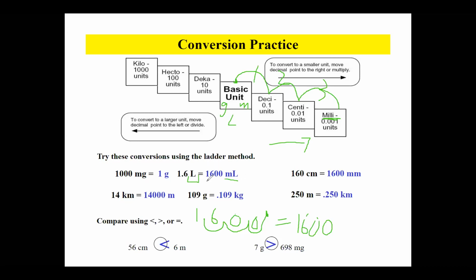I checked and this is correct. We started off with our 1.6 liters, moved 3 decimal spots to the right, filled in our empty spaces with zeros, and figured out that 1.6 liters is 1,600 milliliters.